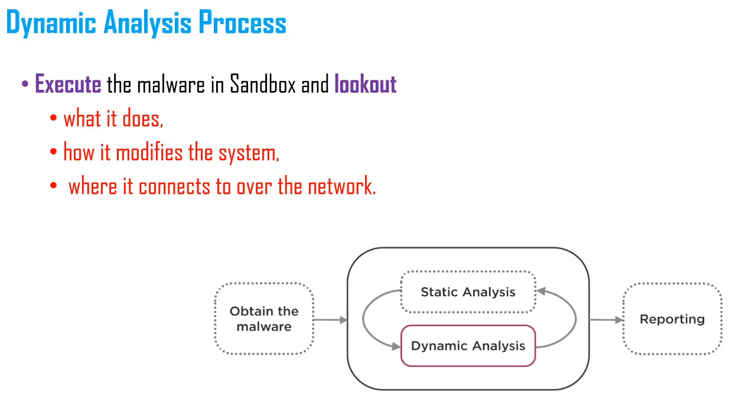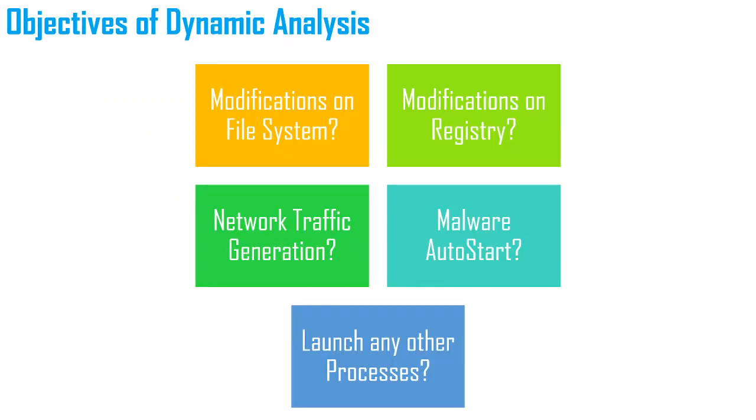Here in the dynamic analysis process, we are going to execute the malware and monitor the changes in the system. So what are the objectives of dynamic analysis? Is there any modification in the file system? I'm going to monitor. Is there any modification in the registry entries? I'm going to monitor. Is the malware going to connect to some other person on the internet?